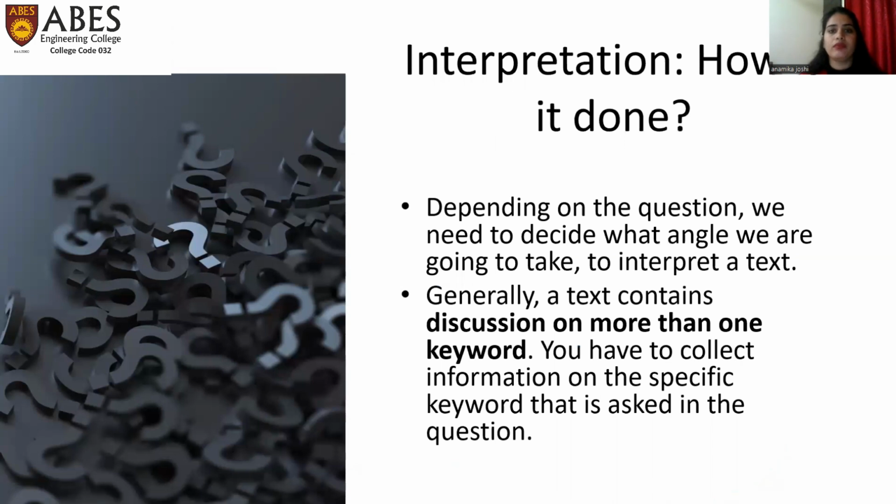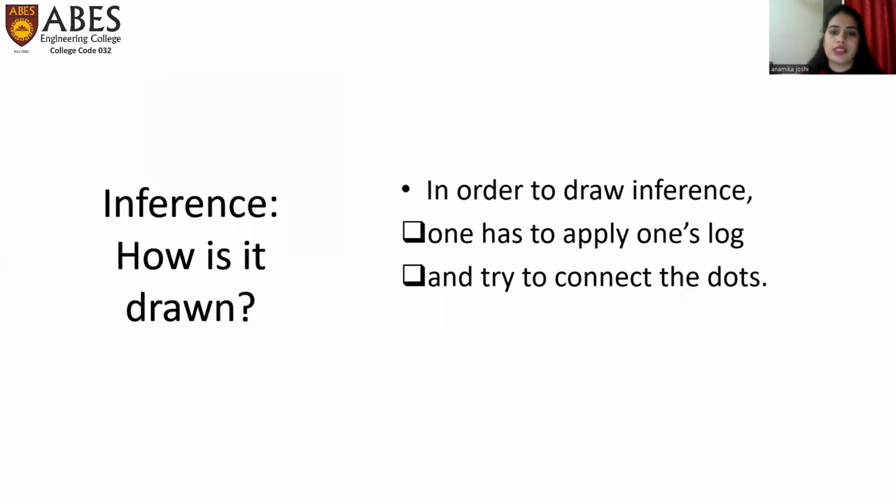We have also done interpretation, and we have already covered that slide. Then we did inference, where you connect the dots and find the conclusion of the whole passage, or of a particular paragraph of a passage.